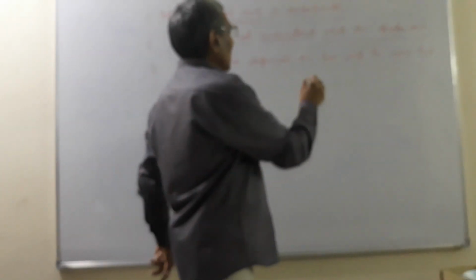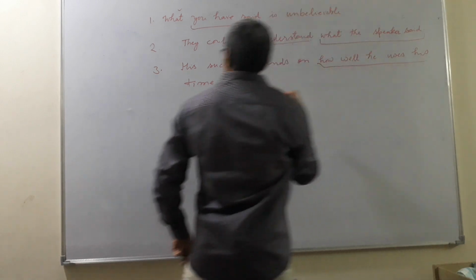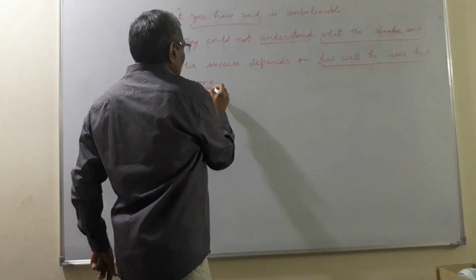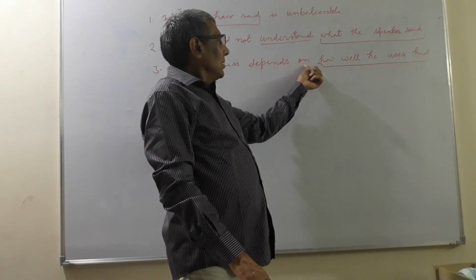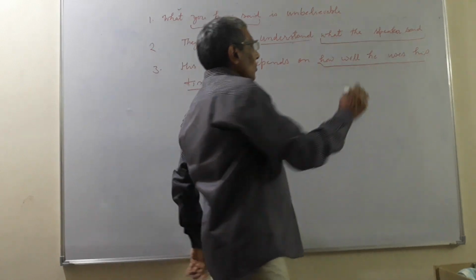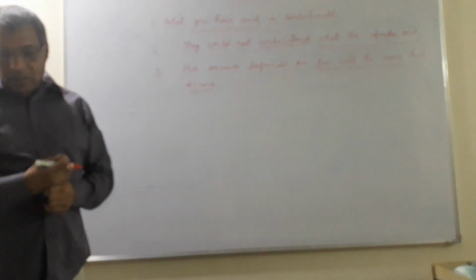His success depends on, and this sentence is the object of the preposition on. So this is a noun clause. Is it clear?